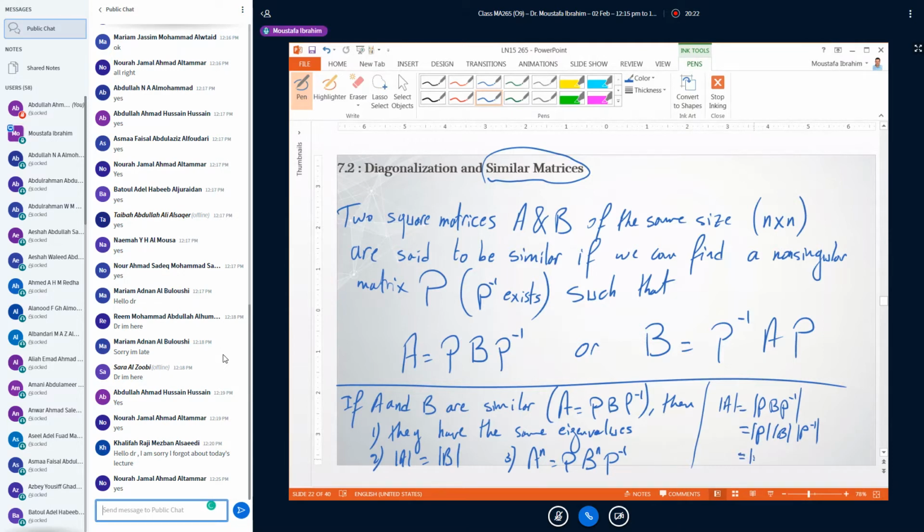It means it is equal to det(P) times det(B) times 1 over det(P). Look, det(P) multiplied by 1 over det(P) is equal to 1. So finally we get 1 multiplied by det(B). So you see, determinant of A is equal to determinant of B. So it's easy. Understood, guys?